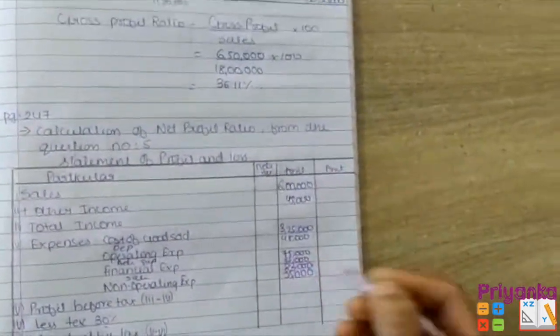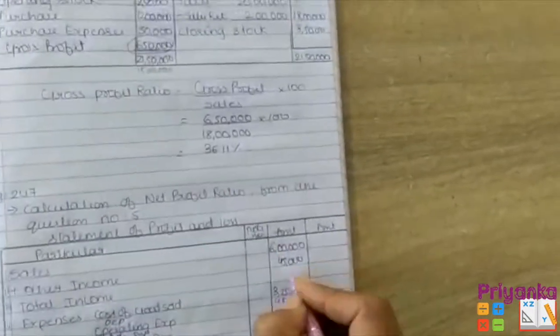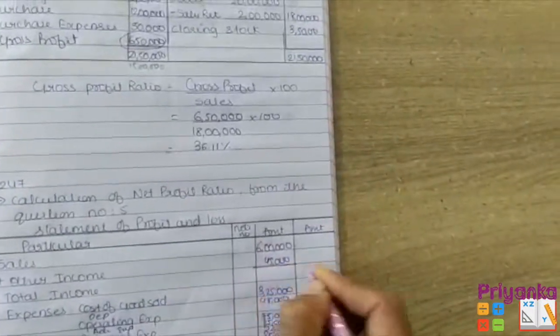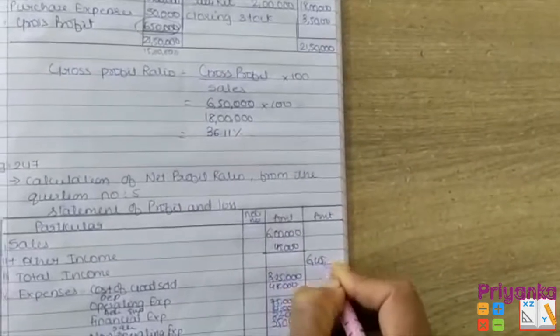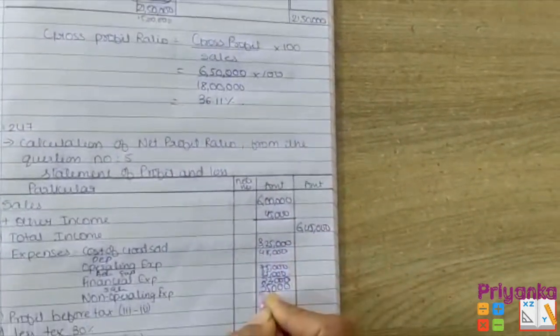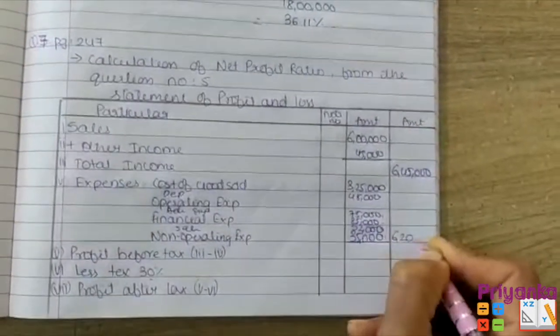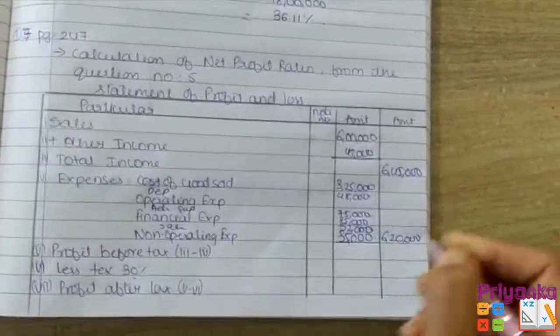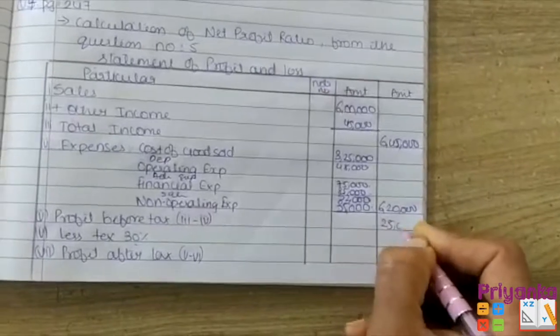So here I put the incomes I keep over here. The total is 6,45,000, whereas if you make the total of these expenses, it is 6,20,000, and if I subtract them, the profit before tax is 25,000.